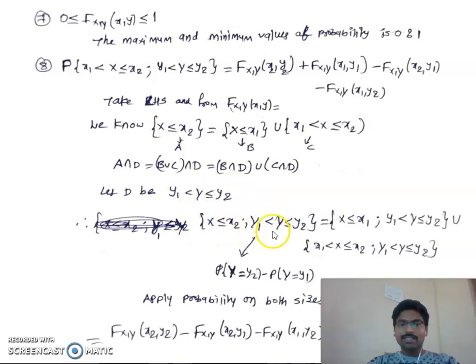This y1 less than Y less than or equal to y2 can be written, from the properties of our distribution function, as the probability of Y equal to y2 minus the probability of Y equal to y1. So you can write the intersection of this and this. Here X less than or equal to x2 with this one, and X less than or equal to x2 with this one. Similarly, here also you can split like this and take the probability on all these things. You can easily get this.